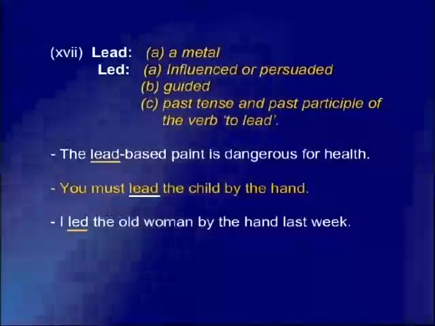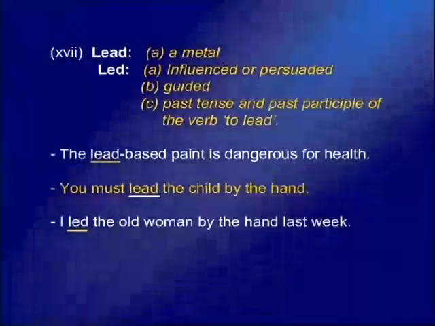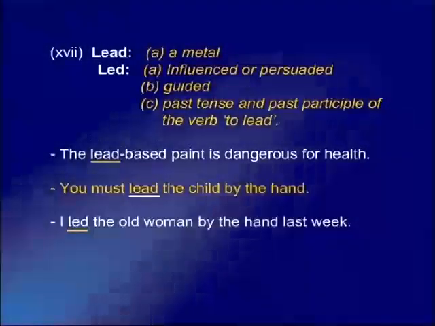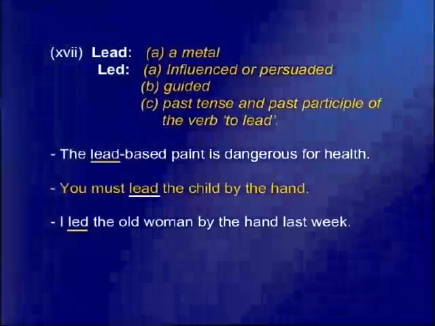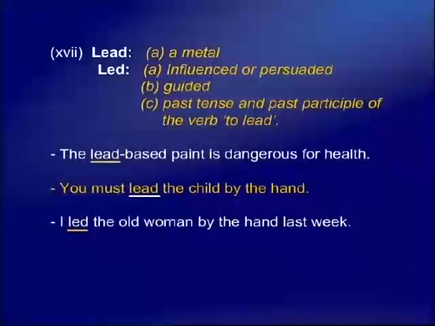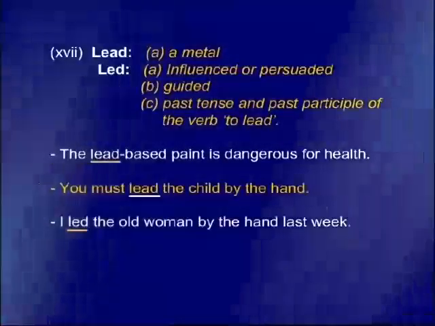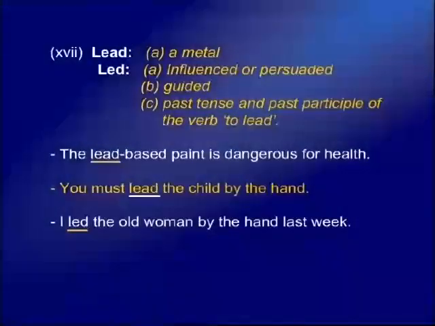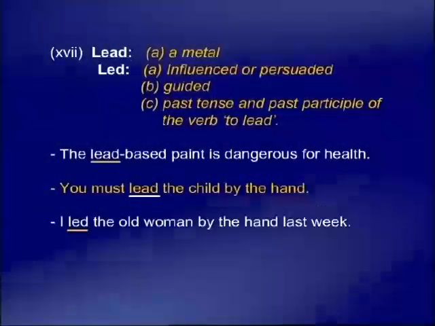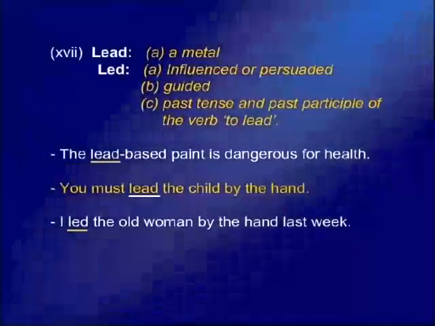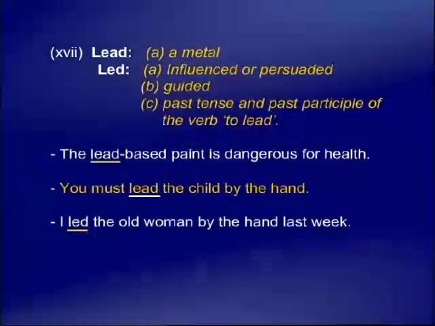Next are the words lead and led, right? It's the words lead and lead. Lead, L-E-A-D, is a metal, and the other one is led, L-E-D, which means to be influenced or persuaded. It also means to be guided, and it is also the past tense of the verb to lead.